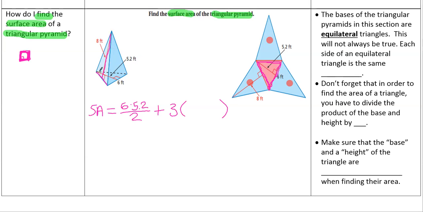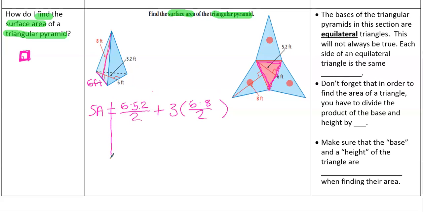Well, how long is this? Well, if this is 6 and it's an equilateral triangle, this is also 6 feet. And the perpendicular height is 8 feet. So that's base times height divided by 2. Why am I dividing by 2? The lateral triangle, right? A triangle is half the area of a rectangle, so you have to divide by 2.